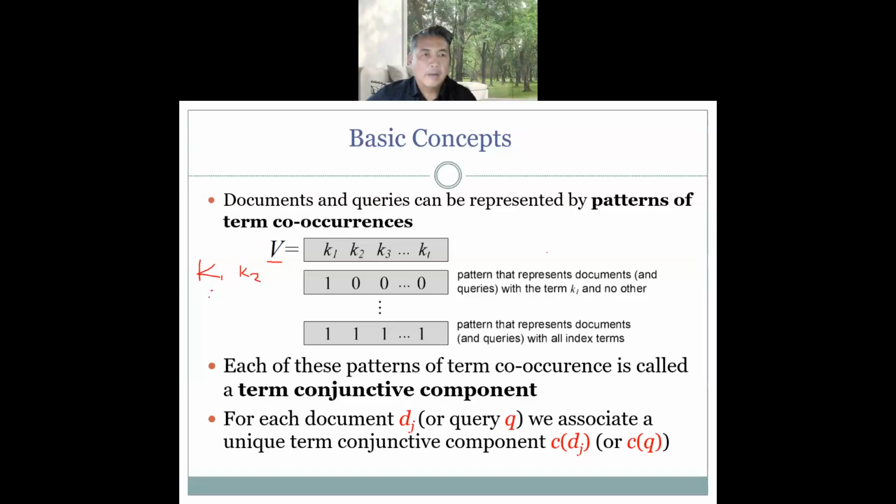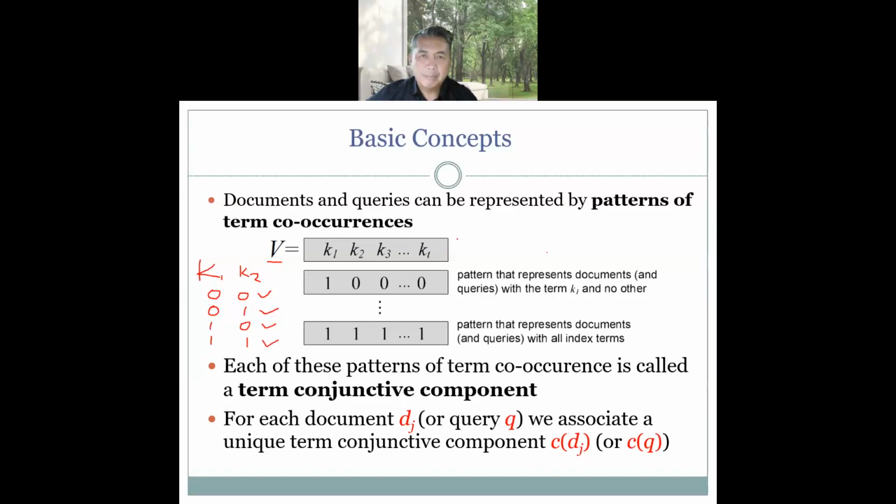So I could have this pattern. This one means that both keyword 1 and keyword 2 do not exist in the document. This one, keyword 2 exists in that document, keyword 1 exists, and both keyword 1 and keyword 2 exist.